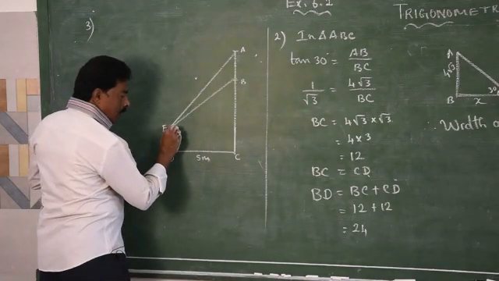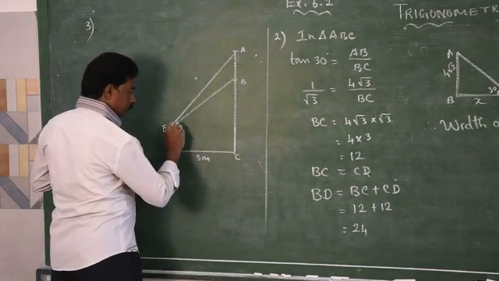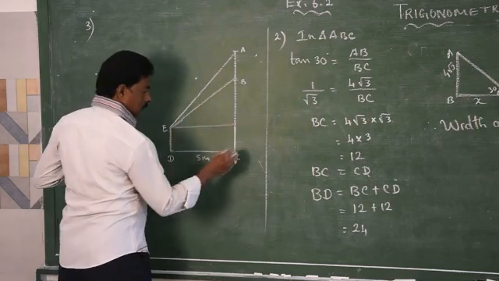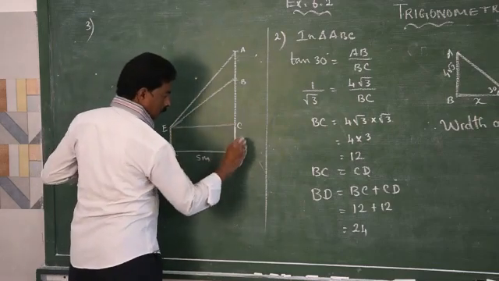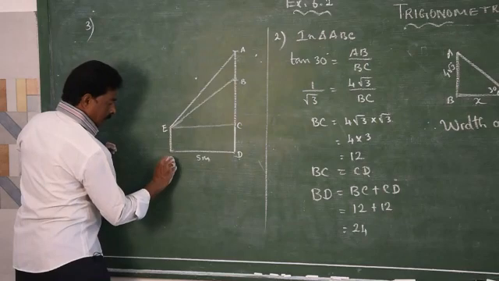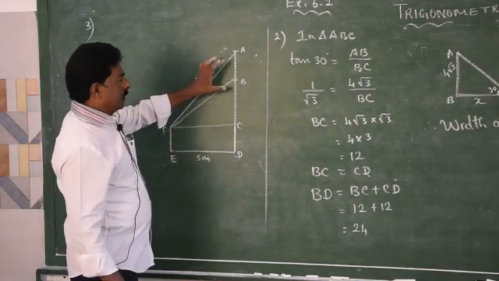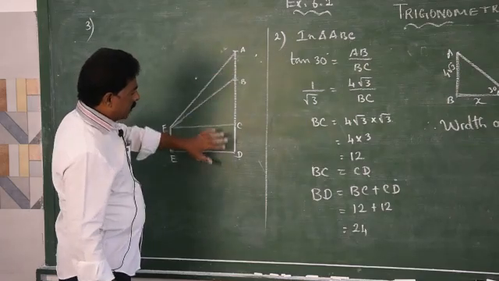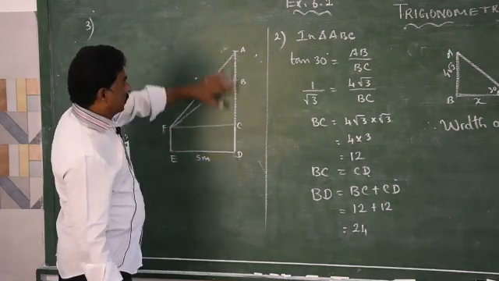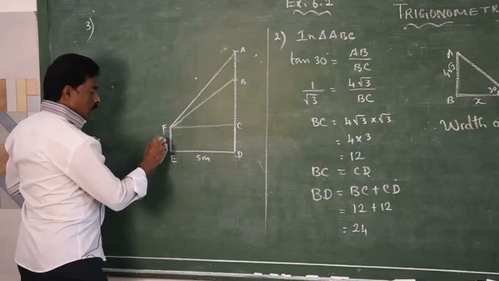So, first you write the horizontal. So, we will consider window AB, and A, B, C, D. AD is the height of the building and EF is 180.